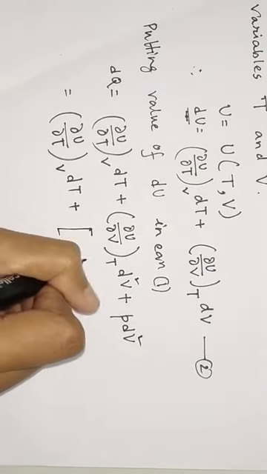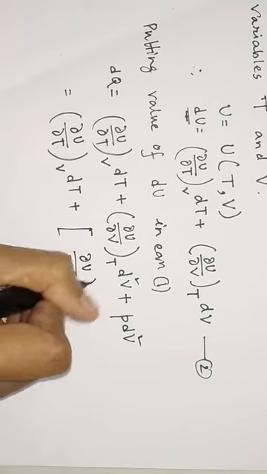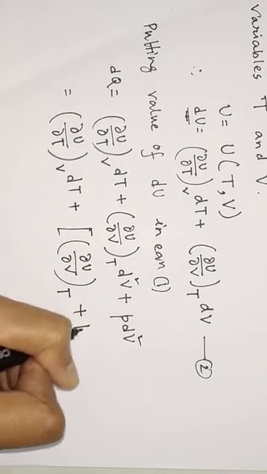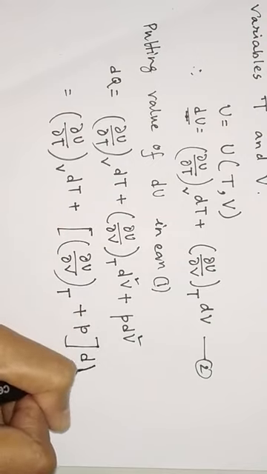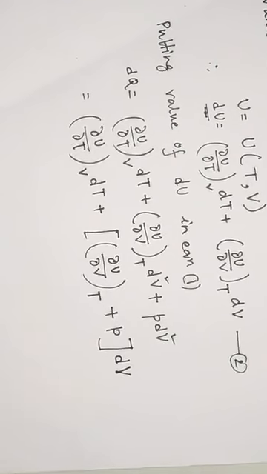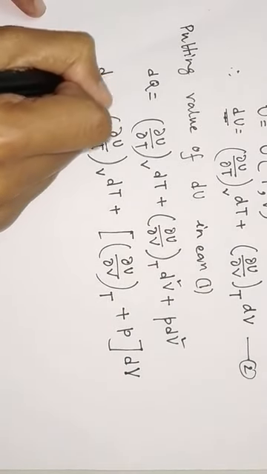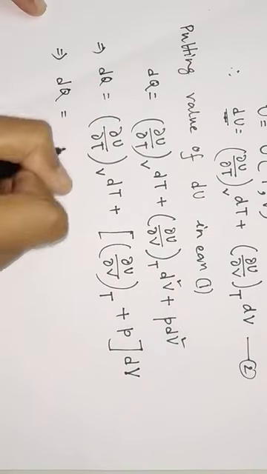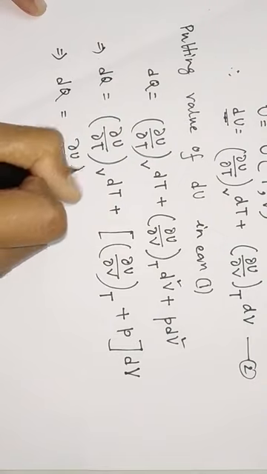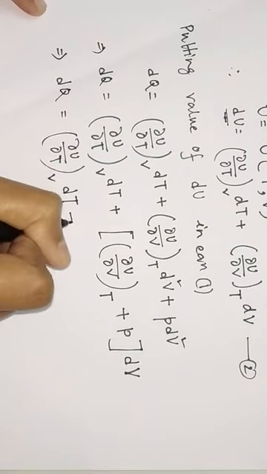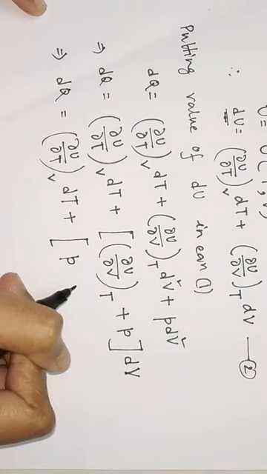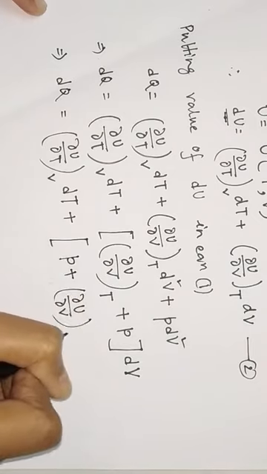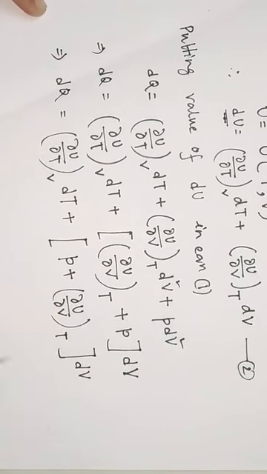So we'll have del U del V at constant T plus P, into dV. Or just with some rearranging, writing P first: P plus del U del V at constant T, dV.